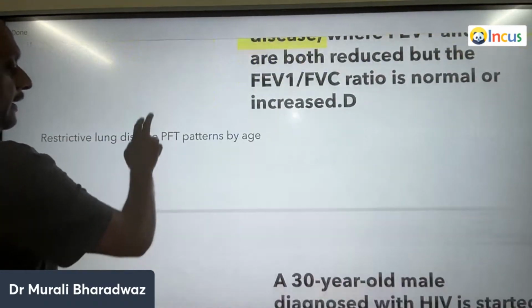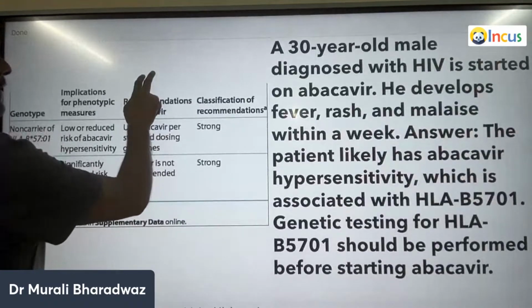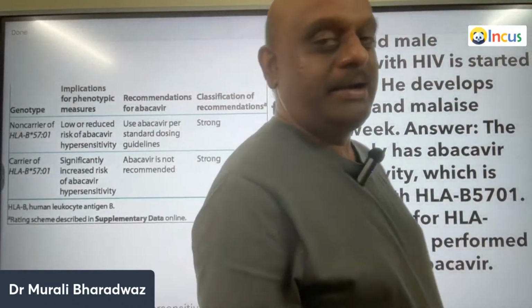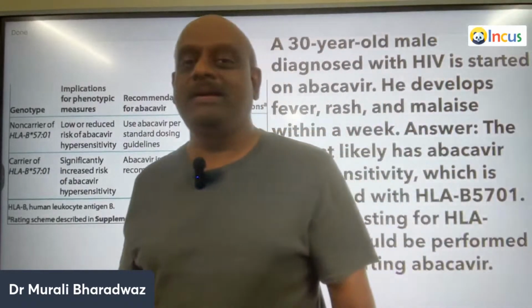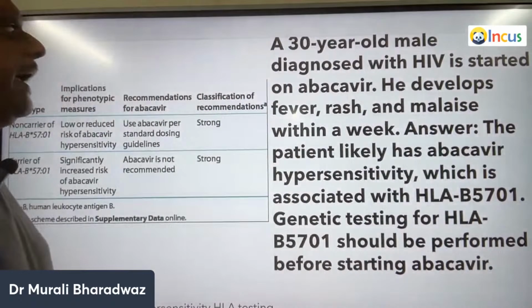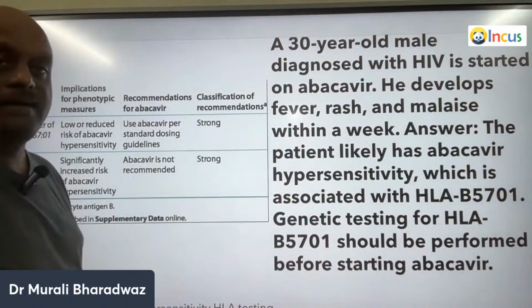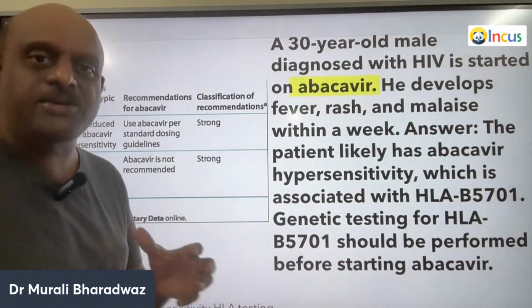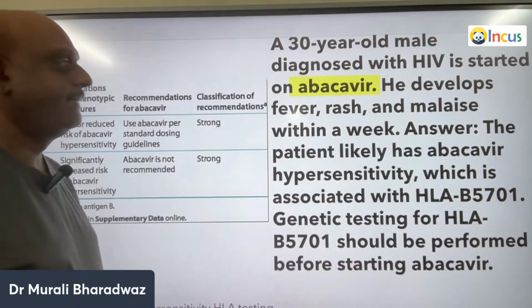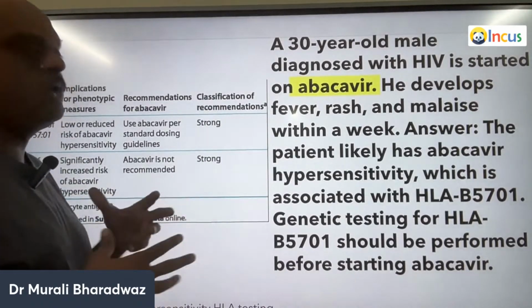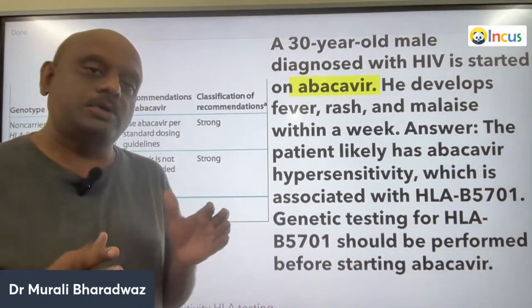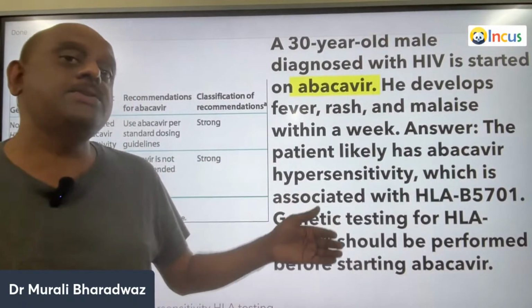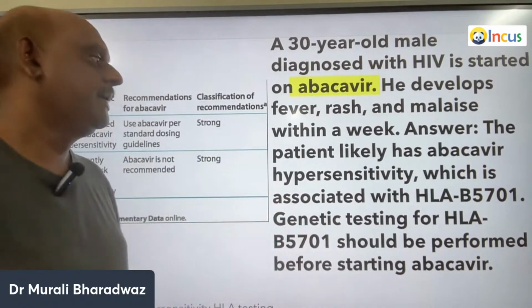Now, let's go to the next clinical case vignette. A 30-year-old male diagnosed with HIV is being started on abacavir. He develops fever, rash, malaise within a week. So what is the most likely possibility? You should know those who are put on abacavir typically can have abacavir hypersensitivity.